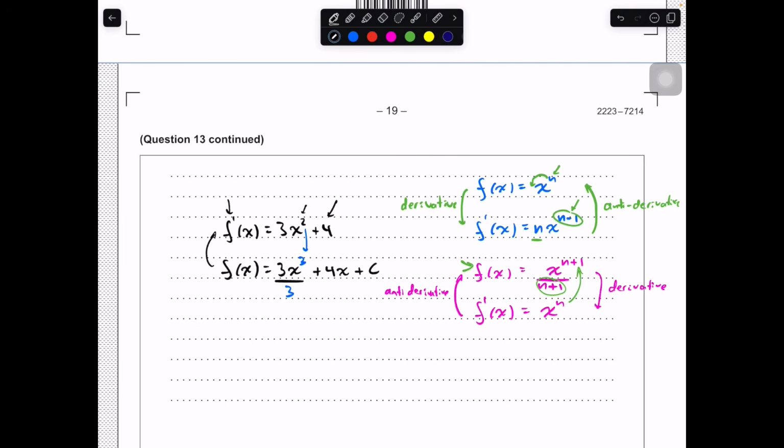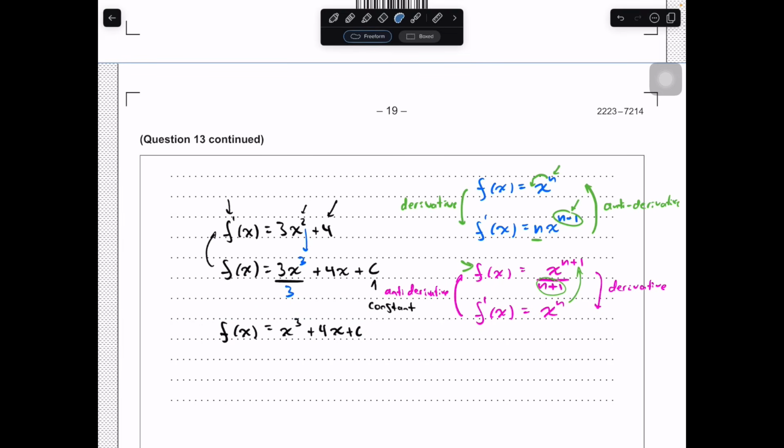So we would put this unknown value of some constant at the end. So let's clean this up a little. f(x) is equal to 3 over 3 just becomes x cubed plus 4x plus c. I'm going to make a little more room for this and bring it down just once.